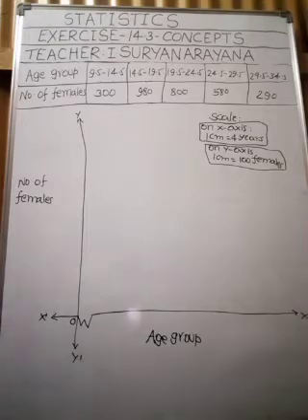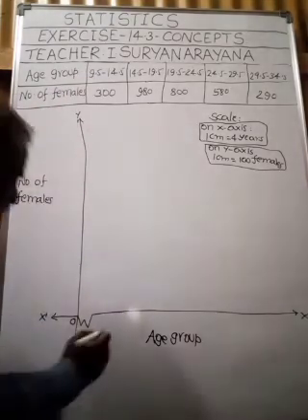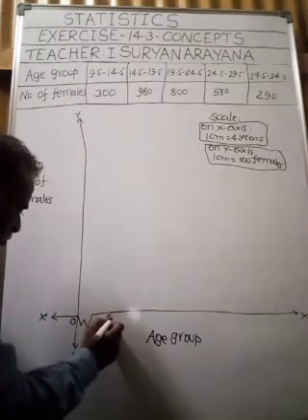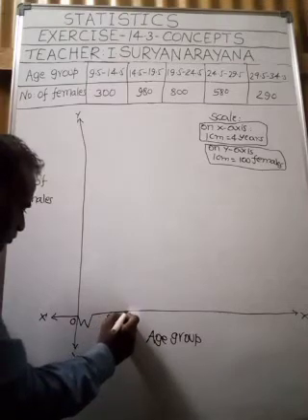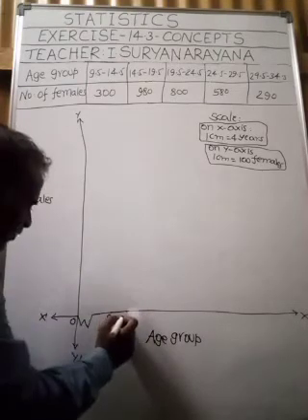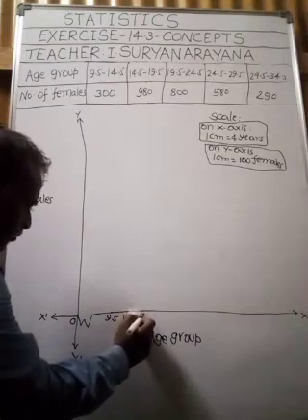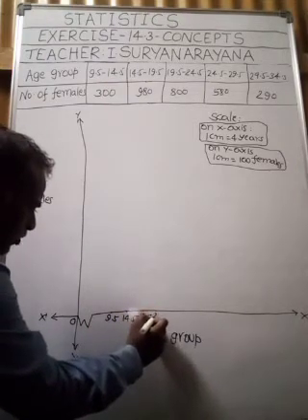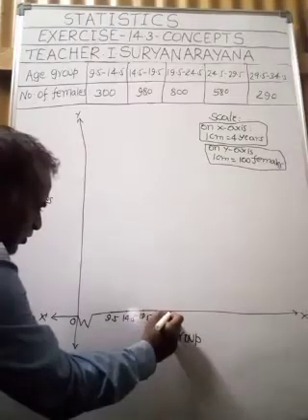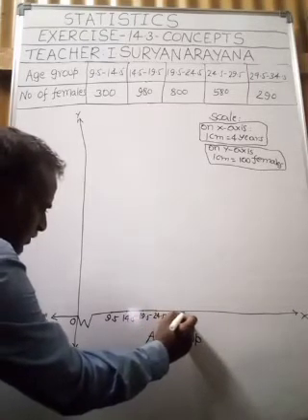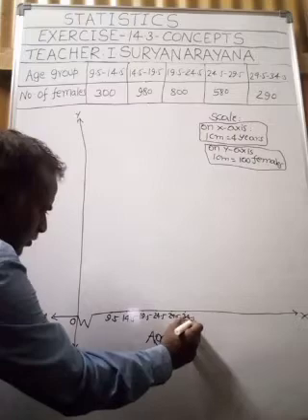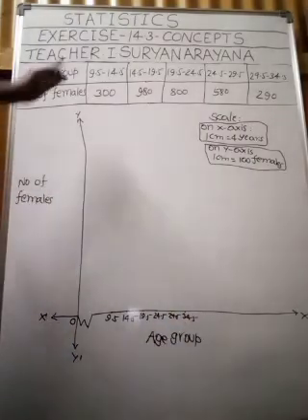And we start from here, 9.5, next 14.5, next 19.5, next 24.5, next 29.5, next 34.5.